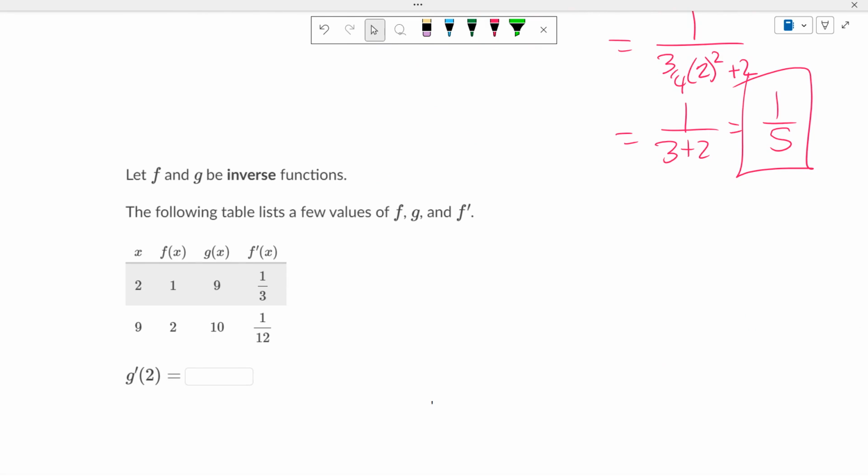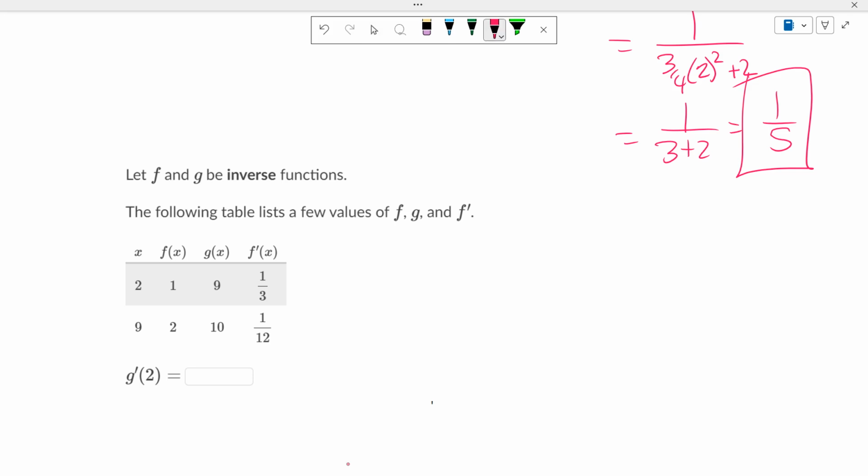Inverse functions on a table. The following table lists a few values of the inverse functions. If we're finding the first derivative of g at 2, then this must be an f function.